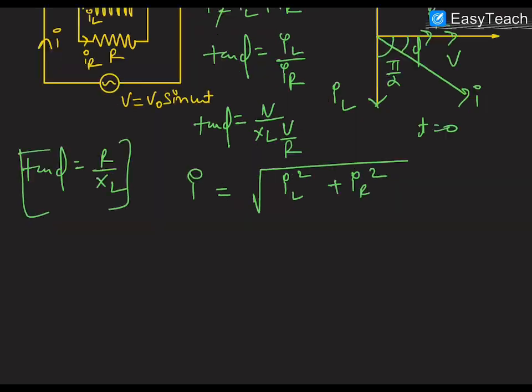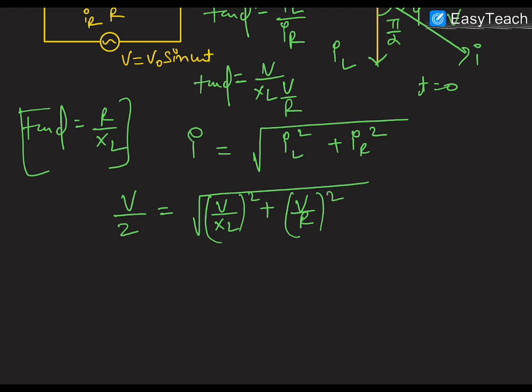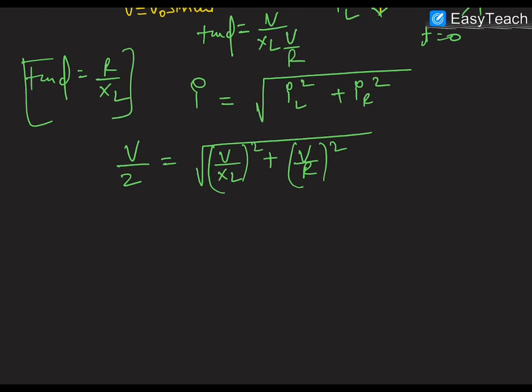Okay, and now we can write this I as V upon Z, and we can say that IL will be V upon XL and IR will be V upon R, and cancelling V with V, we can say that 1 upon Z is equal to under root of 1 upon XL square plus 1 upon R square.